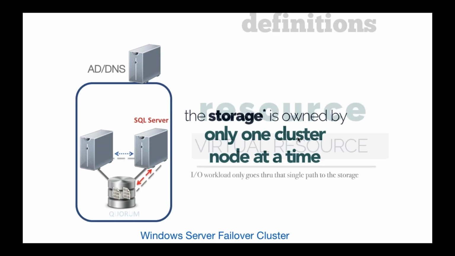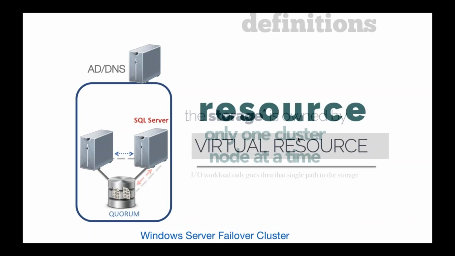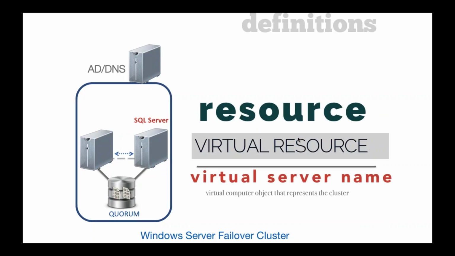And then we have virtual resources. Virtual resources are objects within the Windows Server Failover Cluster that do not have a physical representation. An example of this is the virtual server name.